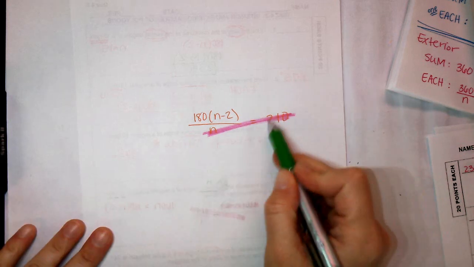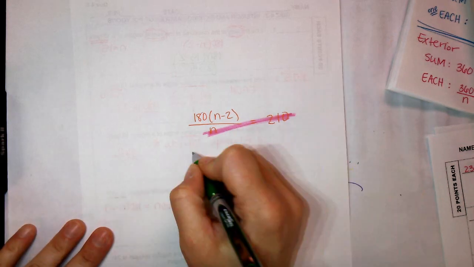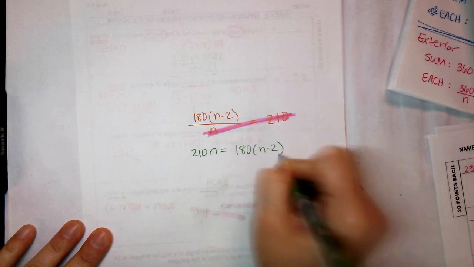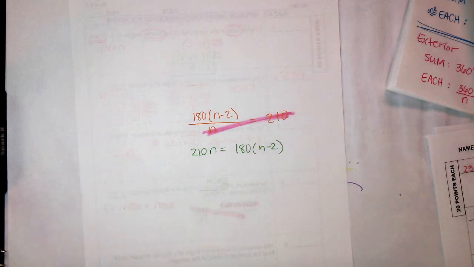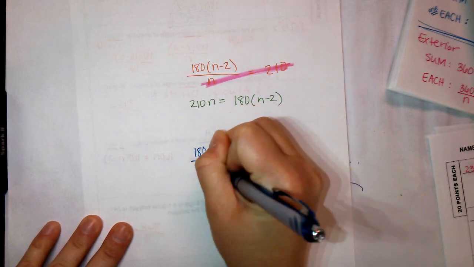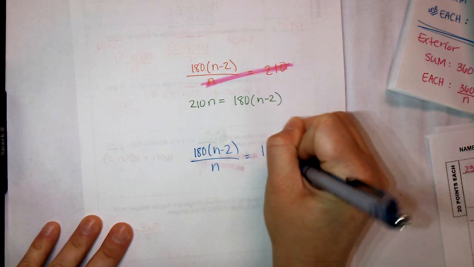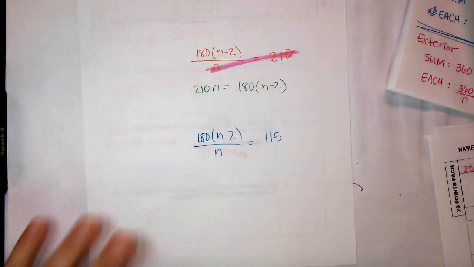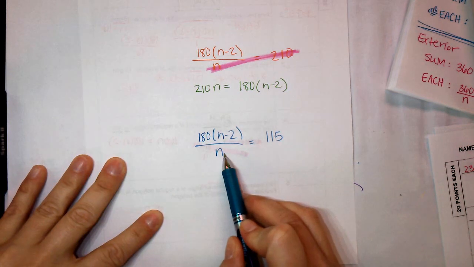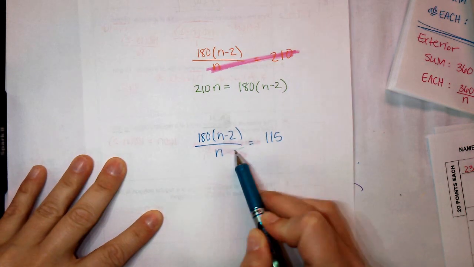You multiply whatever number times n equals the other side. Every time. So for instance, like here we go. Look, if I give you this, what's your next line? Right? Multiply n times 115.